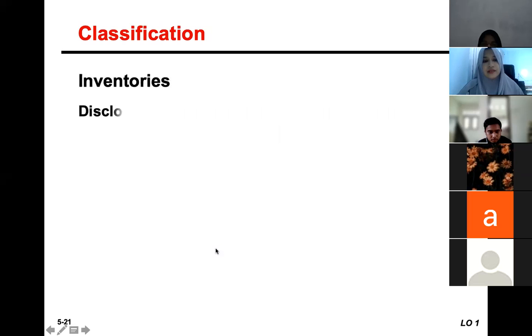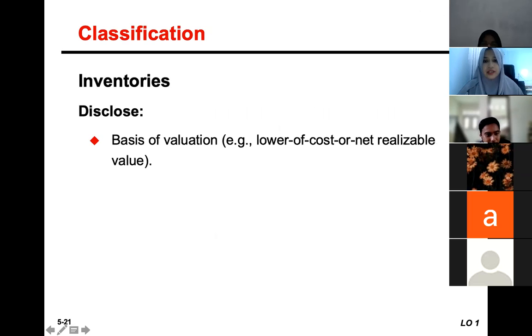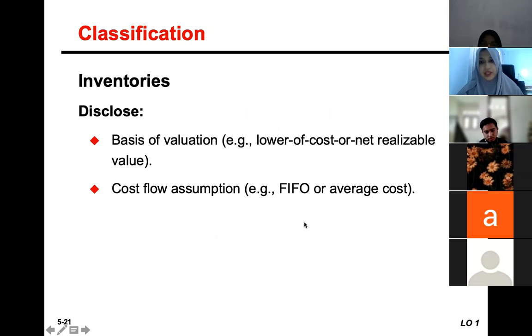Okay, now inventories, very quick. Lower of cost or net realizable value. What does it mean by lower of cost or net realizable value? In the case where there is an indication that the value of inventories has declined, then the company needs to compare between the cost and the net realizable value.